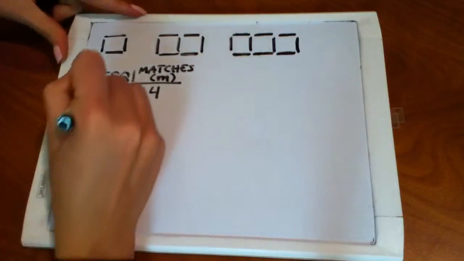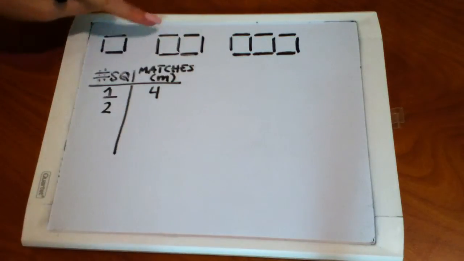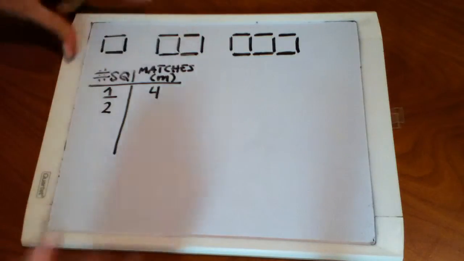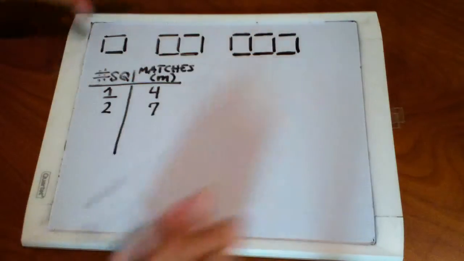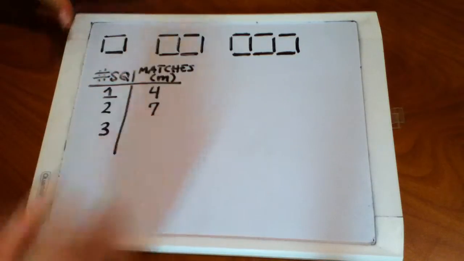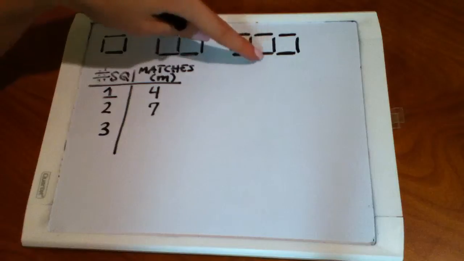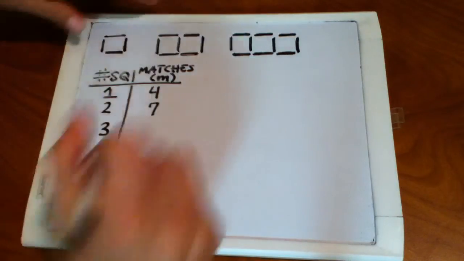When we have 2 squares, we have 1, 2, 3, 4, 5, 6, 7 matches. When we have 3 squares, we have 1, 2, 3, 4, 5, 6, 7, 8, 9, 10 matches.